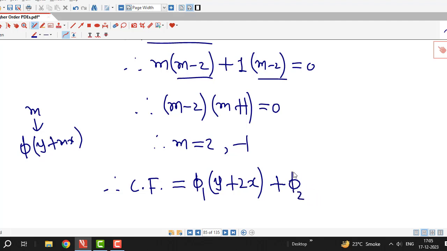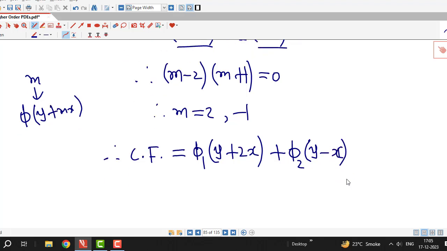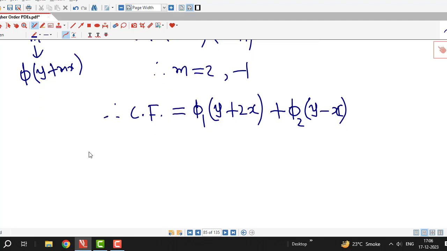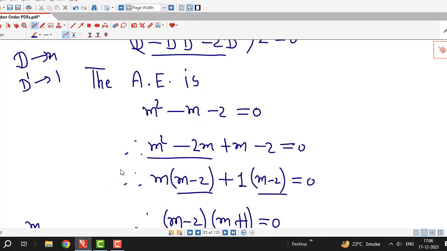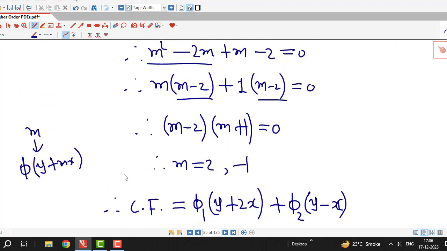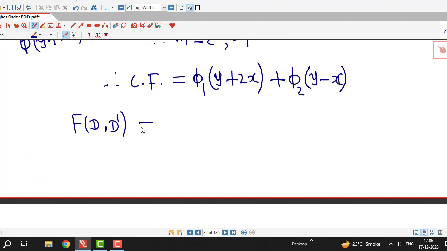For m equal to minus 1, we write an arbitrary function of y minus x, denoted by phi 2. So this is the complementary function. And here f(D, D dash) is homogeneous in D and D dash, and it is D square minus D D dash minus 2 D dash square.